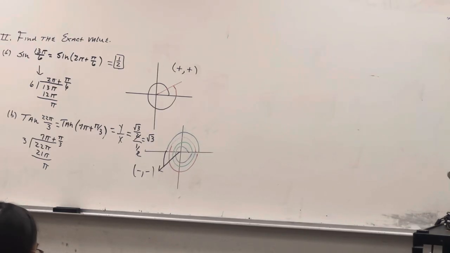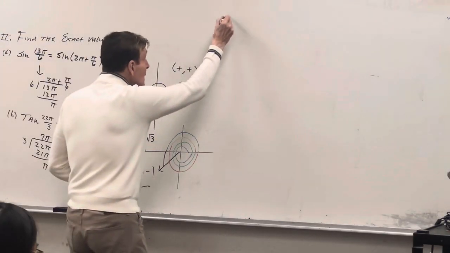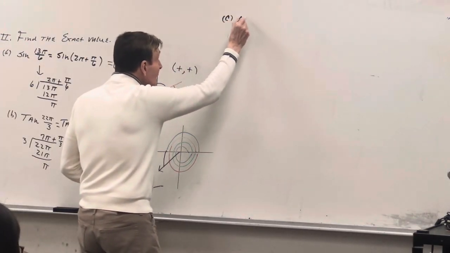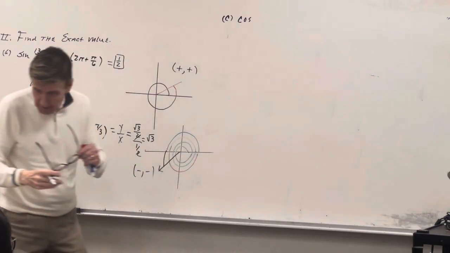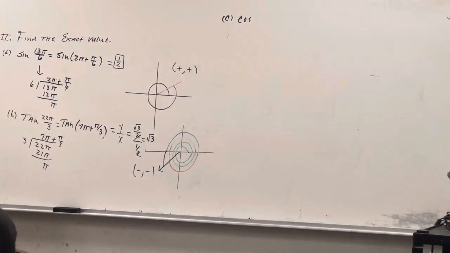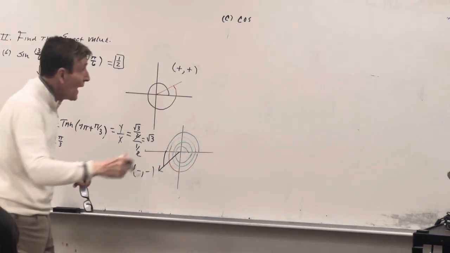Okay. Letter C. Seems like I made myself a note here. Oh, I did. Letter C, one more here. Cosine. It looks like I have 11 pi over 4.